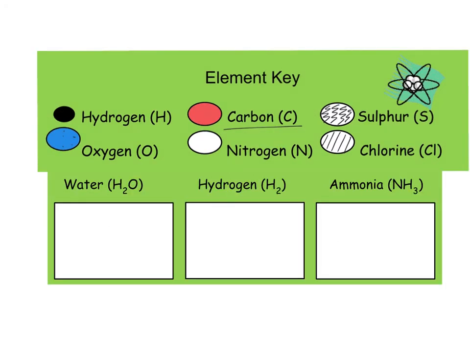So what I want you to do is have a go at drawing these 3 as space filler diagrams. Make sure you press pause so that you can have a go at doing it. Okay, so H2O, oxygen's the lone element, so oxygen's going to go in the middle, and then it's going to be surrounded by 2 hydrogens.